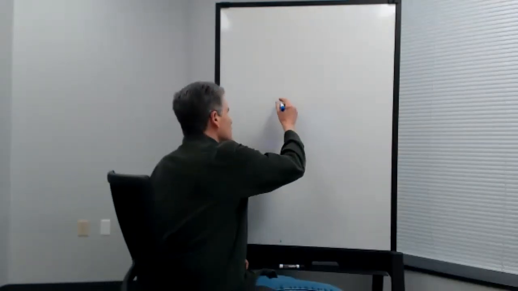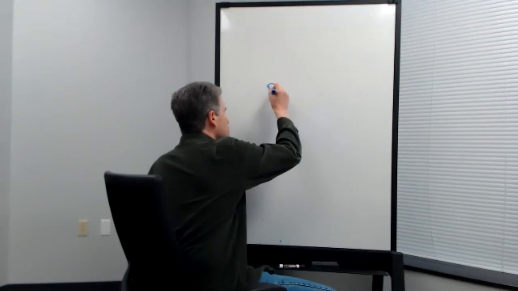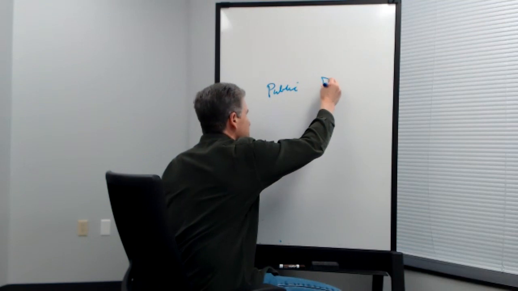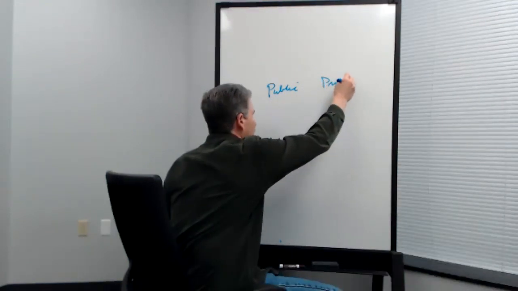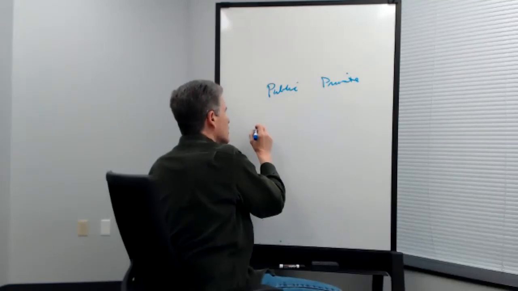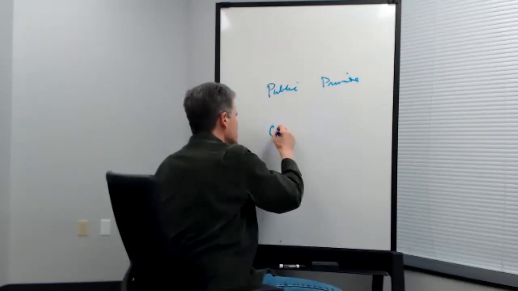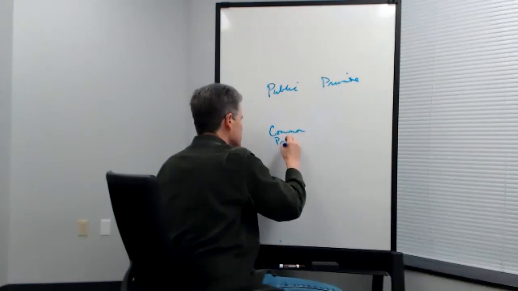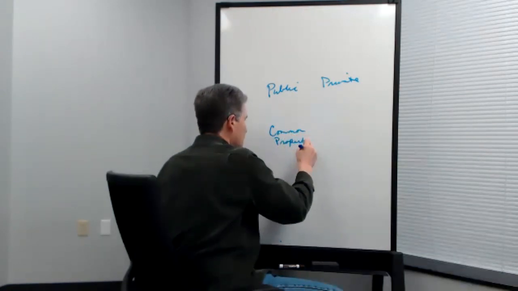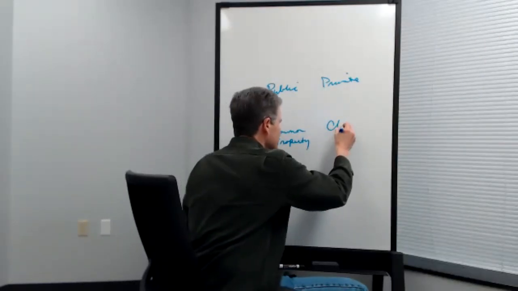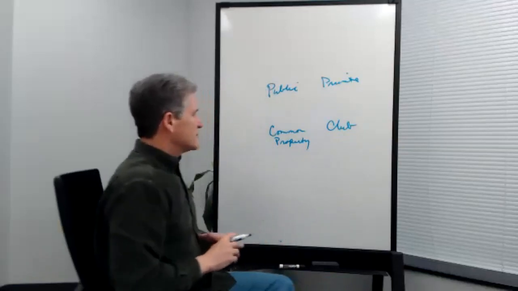So let's think about public goods and private goods and common property goods, and I believe the other category is club goods, and I don't know.